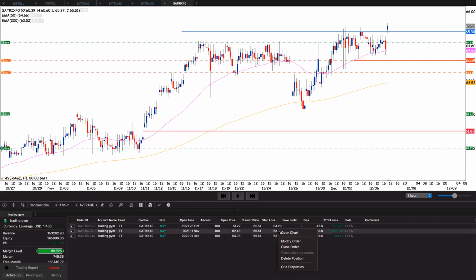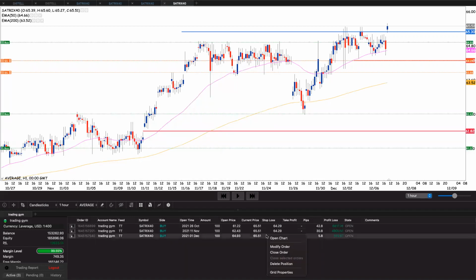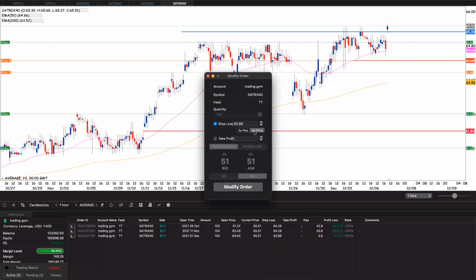You see, slowly but surely, reducing the risk on that last leg of the trade. 64.29. Modify.